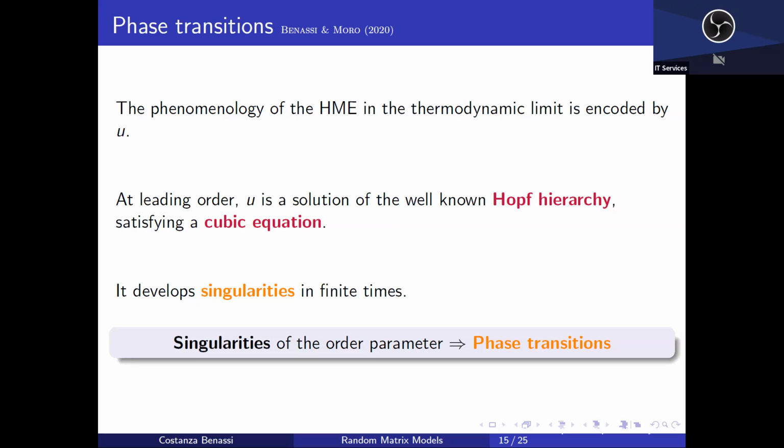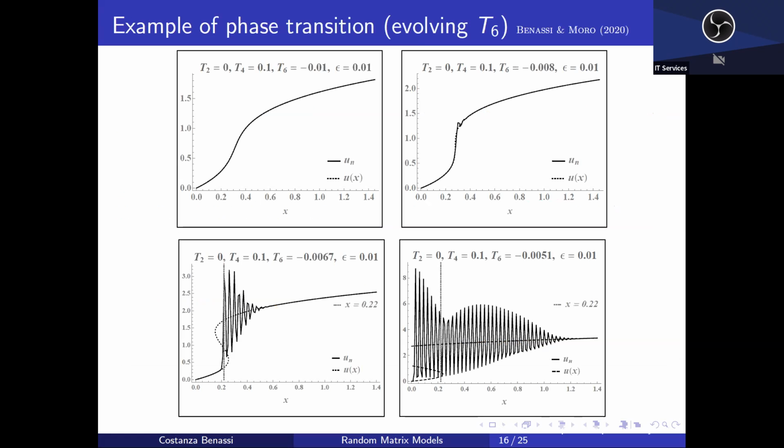And indeed, we have a cubic equation which is going to develop a singularity for certain values of the parameters involved. And in general, in statistical mechanics, when you have singularities of the order parameter, you have phase transitions. In classical statistical mechanics, these phase transitions are resolved by classical shocks. But in this specific scenario, we see something that actually looks way more like a dispersive shock.